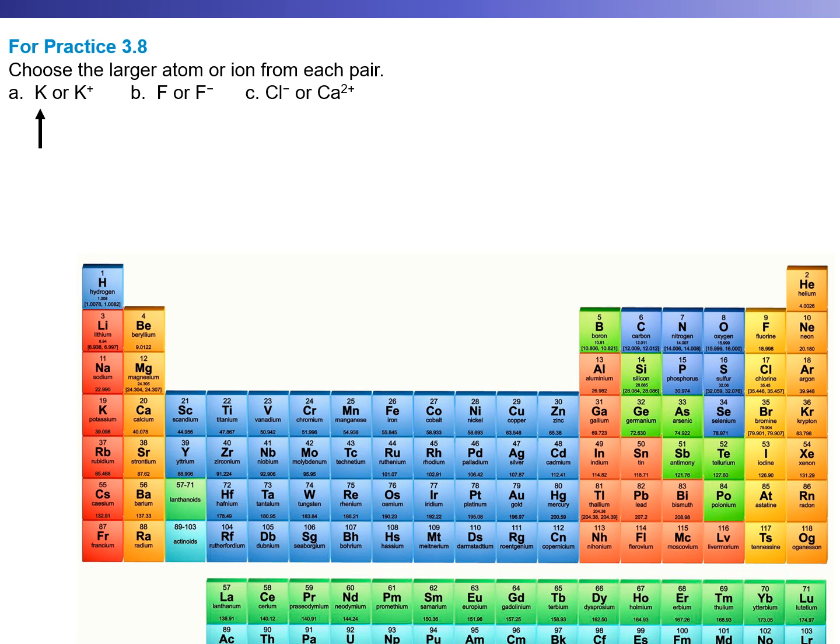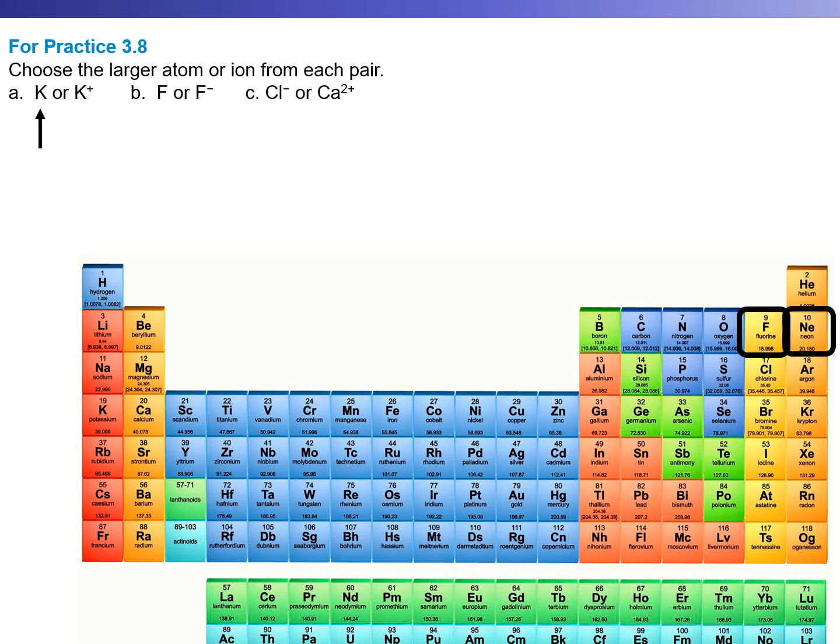All right, let's take a look at fluorine. So fluorine is right here in the chart, and if we do the fluorine ion, it's going to closely resemble neon, except we don't have the same number of protons.